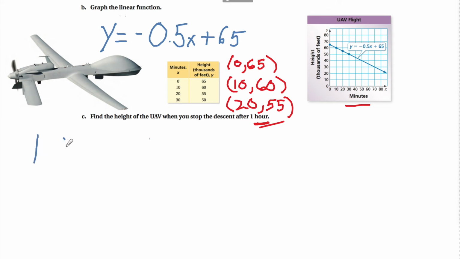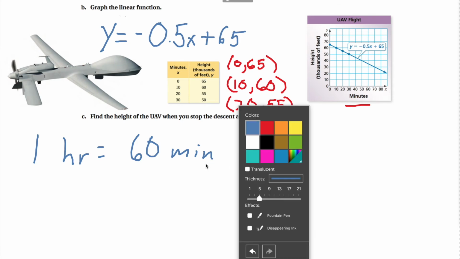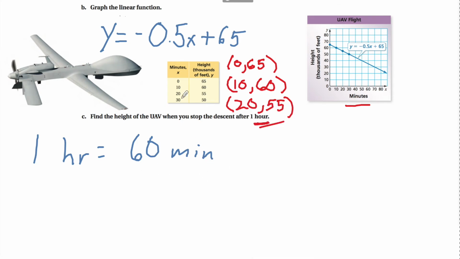1 hour is equal to 60 minutes. We all know that. 1 hour is equal to 60 minutes. Now, if we plug in 60 minutes into our equation, we would find the height, because the height is the dependent variable. So let's try it out.